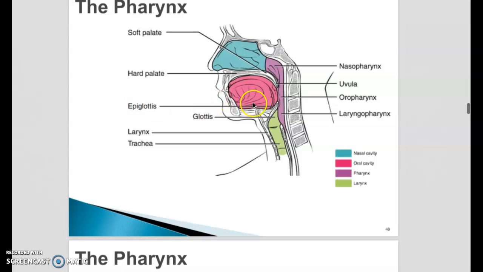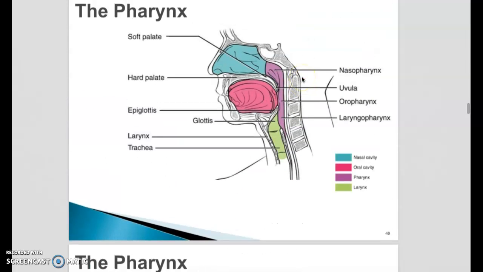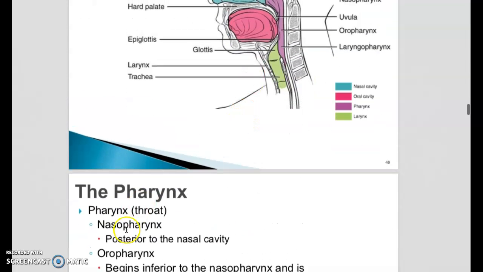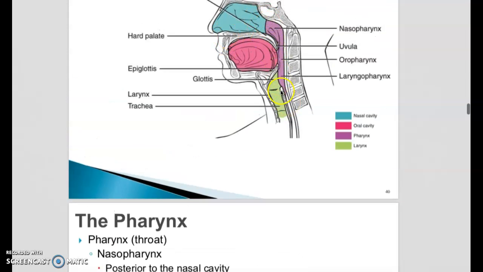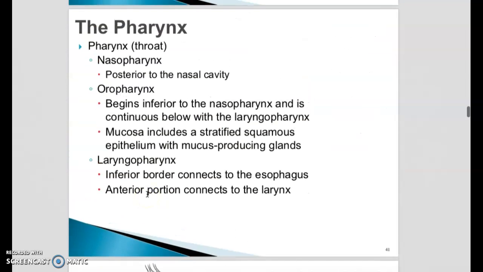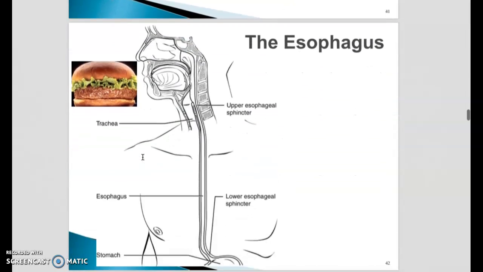Then we can see the pharynx, which is basically your throat, posterior to the nasal cavity right here, which is the nasopharynx. The oropharynx begins inferior to the nasopharynx, and you can see all the parts relating to the throat, which then leads to, of course, the esophagus.